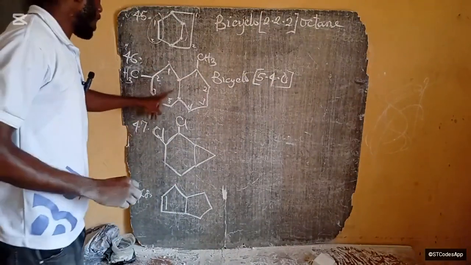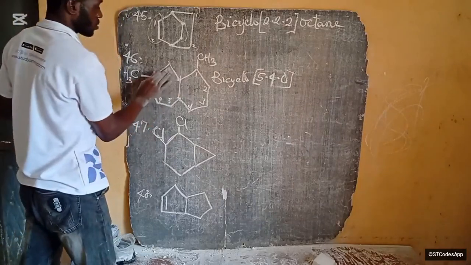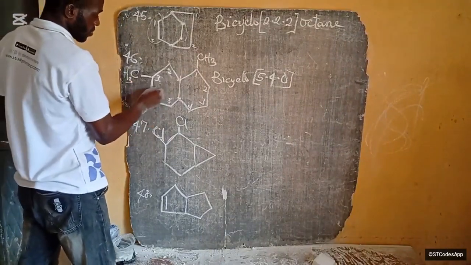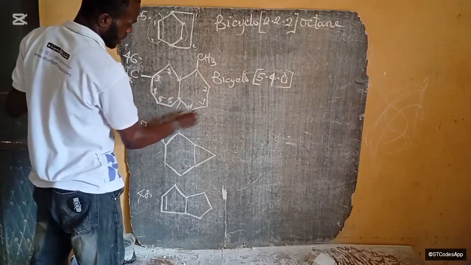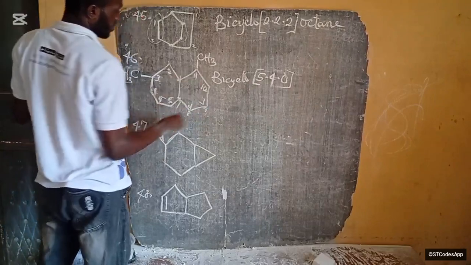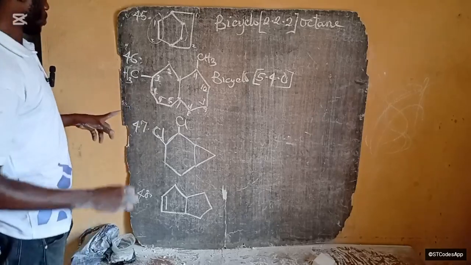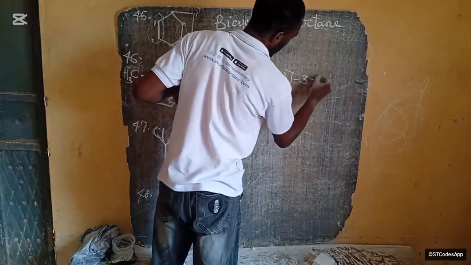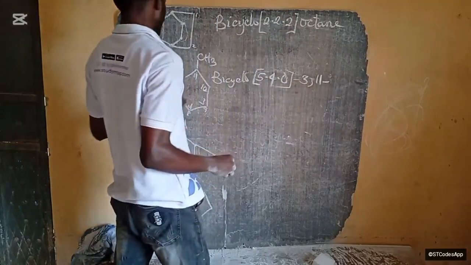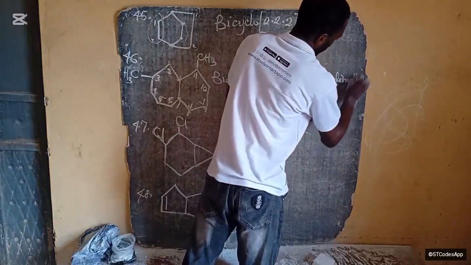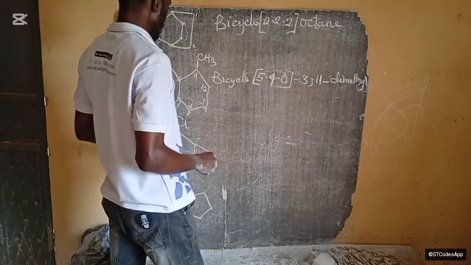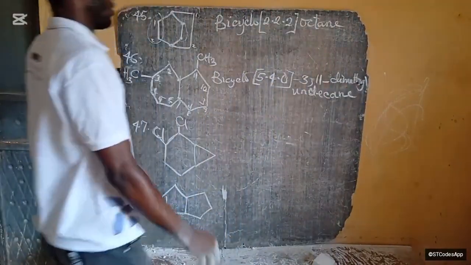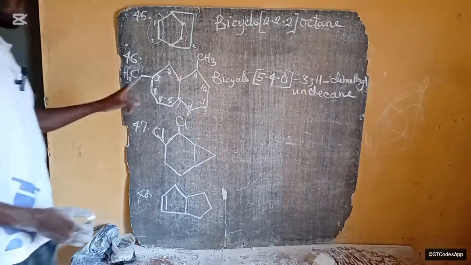Now, how do we number? We go like this, 1, 2, 3 in that direction. 3-methyl, 4, 5, 6, 7, 8, 9, 10, 11. So this will be 3,11-dimethyl undecane.